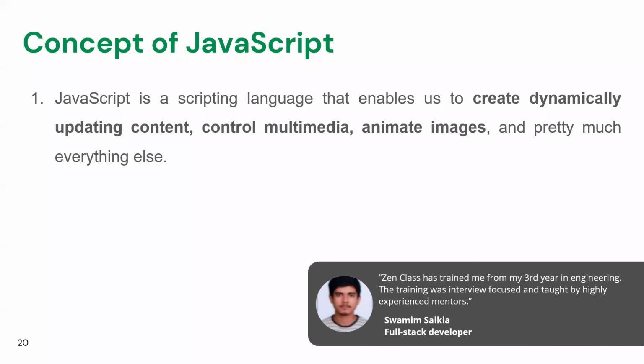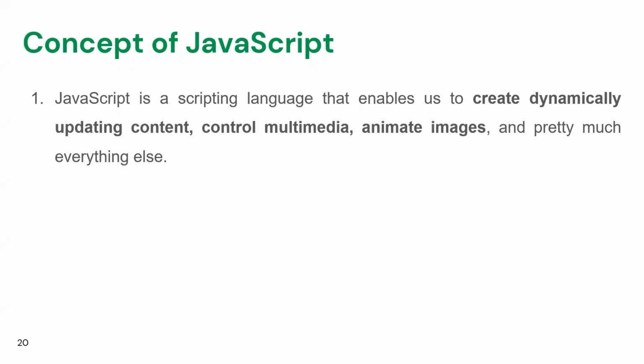If we develop a static website, we do not need any JavaScript files or code. But if we want to create dynamic sites where dynamic content updating and control are required, then we need to use JavaScript.